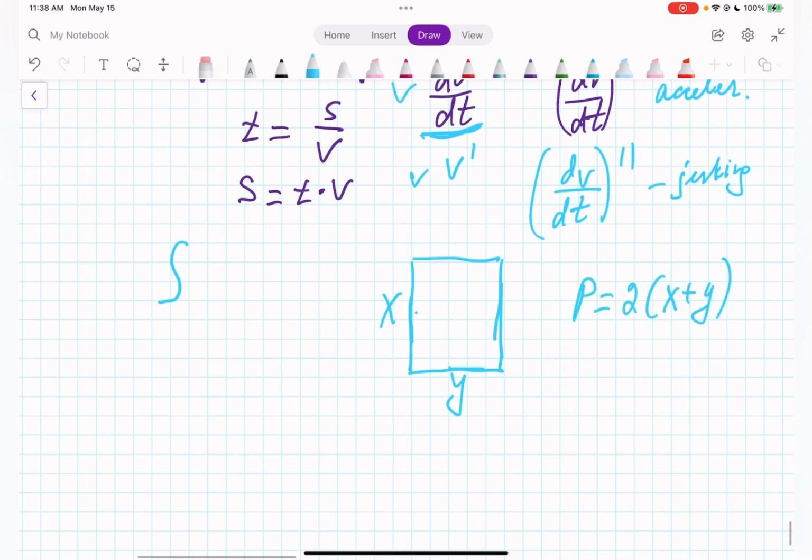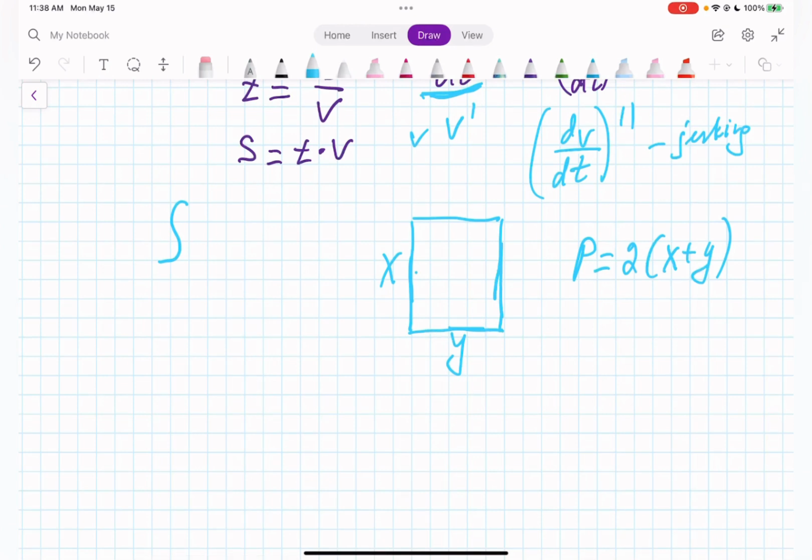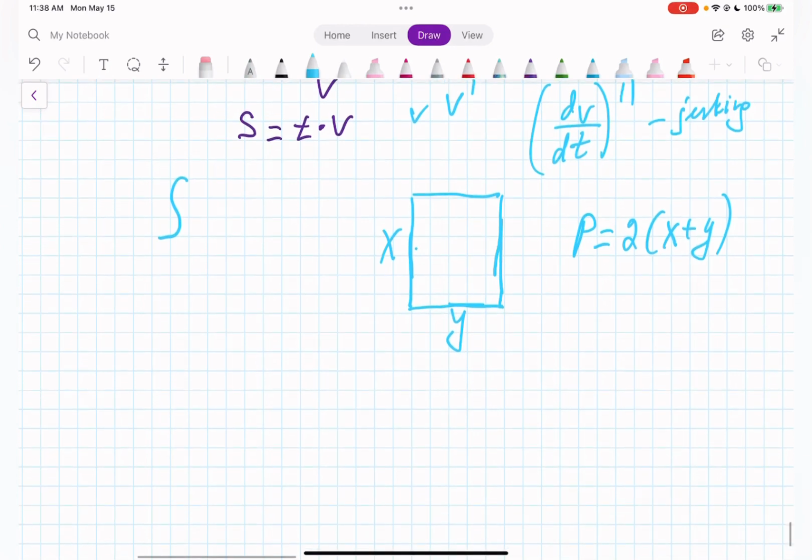But what if we don't have such an object, but we have something crazy, like this? Which is going to happen, let's say, in a car, right? You have a very complicated shape of objects.